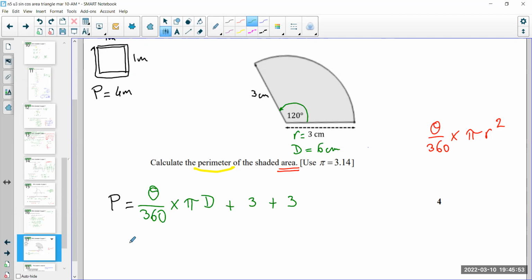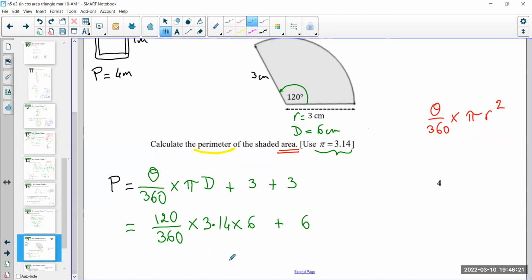So now I'm going to replace everything I need. 120 divided by 360 times, what did they ask us to use pi as? 3.14. So we're just going to do exactly what they've asked us. 3.14 times 6 plus, what's 3 plus 3? 6.